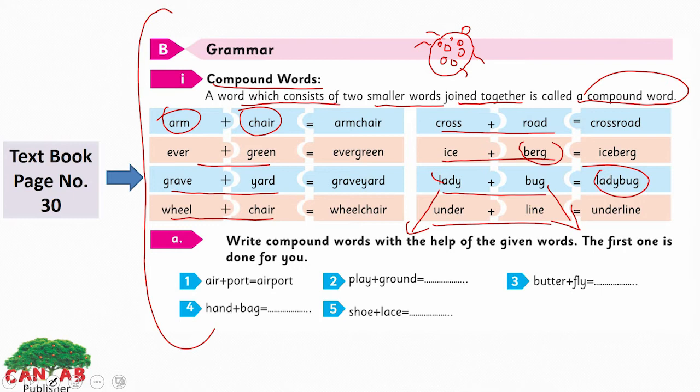Big iceberg. So, we have an exercise of it here. Write compound words with the help of given words. The first one is done for you. Here we have airport. Air and port is joined together and it's airport, where we see people when they go in aeroplane.